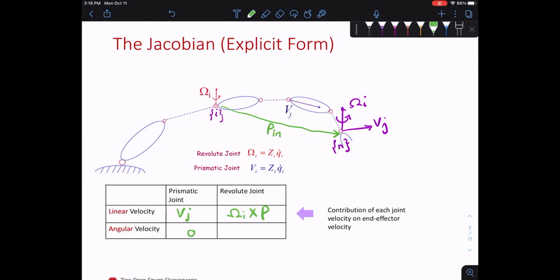And what's the contribution to angular velocity if you have a revolute joint? Whatever angular velocity that joint has, its own effect. So this is basically what we knew before, but we're dividing it into linear velocity and angular velocity. You saw that J could be divided into segments, J_v and J_omega.